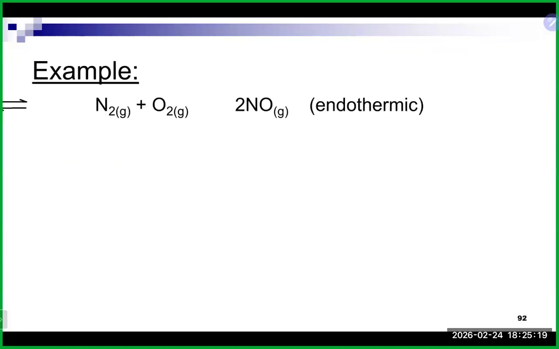All right, let's just do this one, and we'll go endothermic on this reaction, which means the delta H will be positive. And again, we're wanting to know, will it go to the left, will it go to the right, or will there be no change? Let us decrease the pressure.